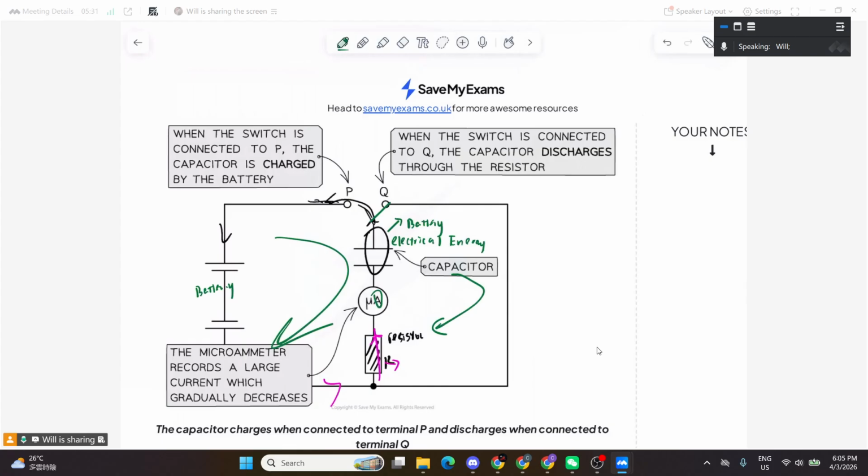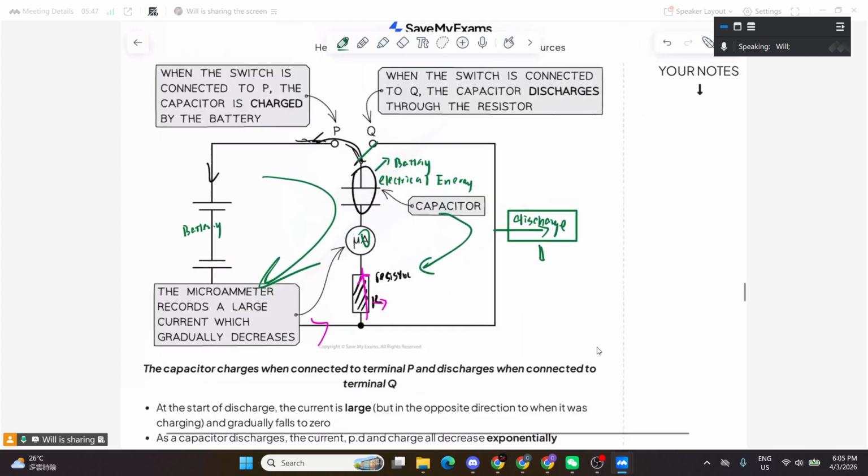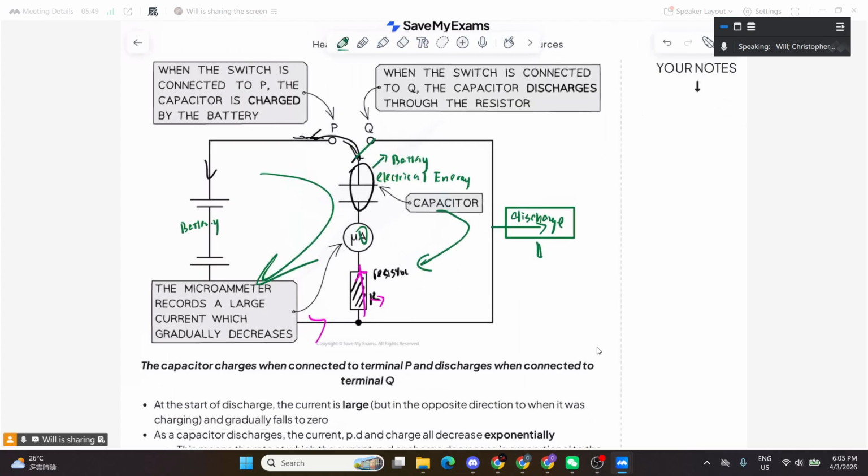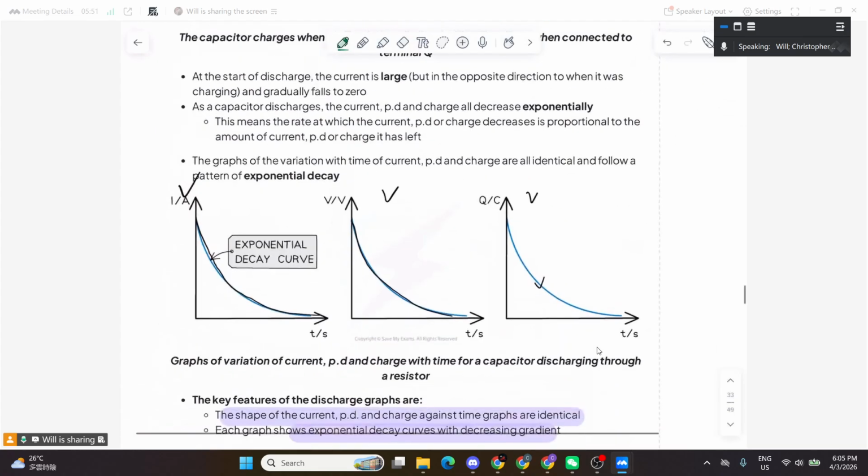Understand that? So the process we call discharge of the energy, the discharge. Understand that? And here are the three graphs.